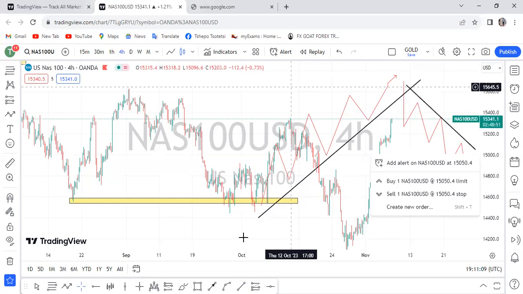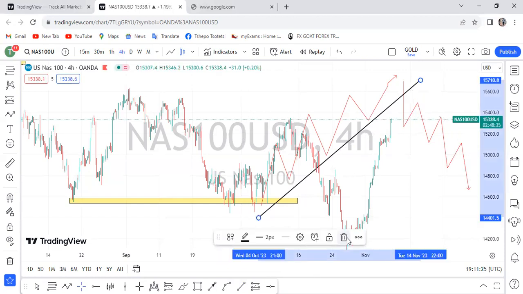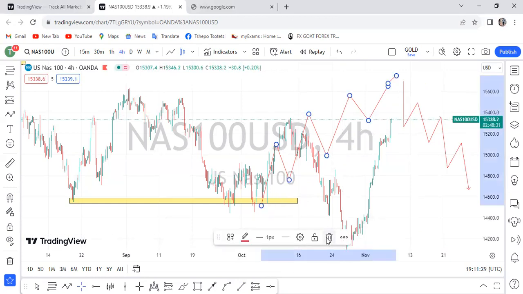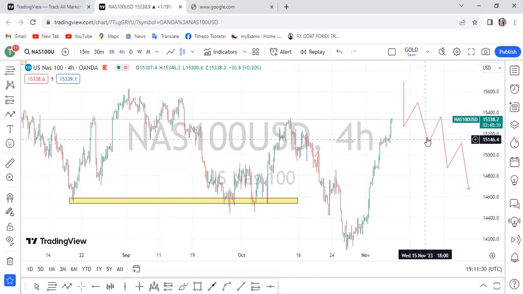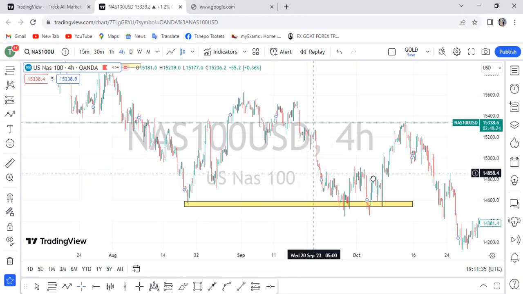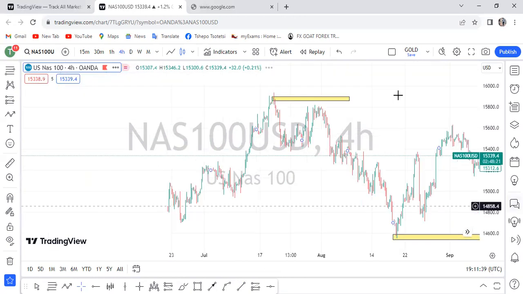I want to show you this on the chart, and also how you're able to trade market structure. So if we can check, let's go back.